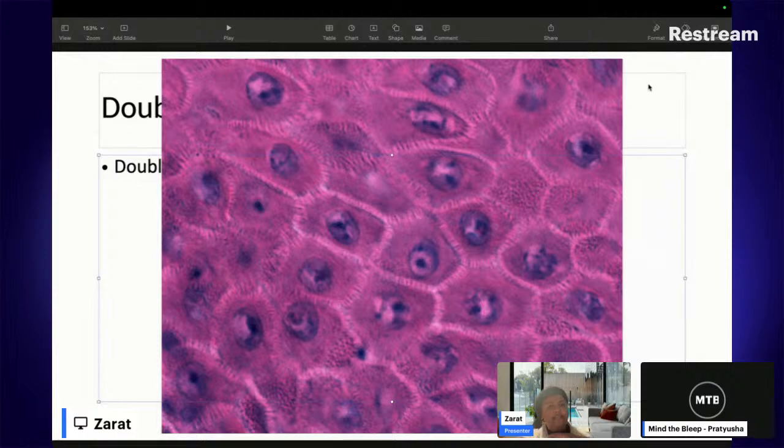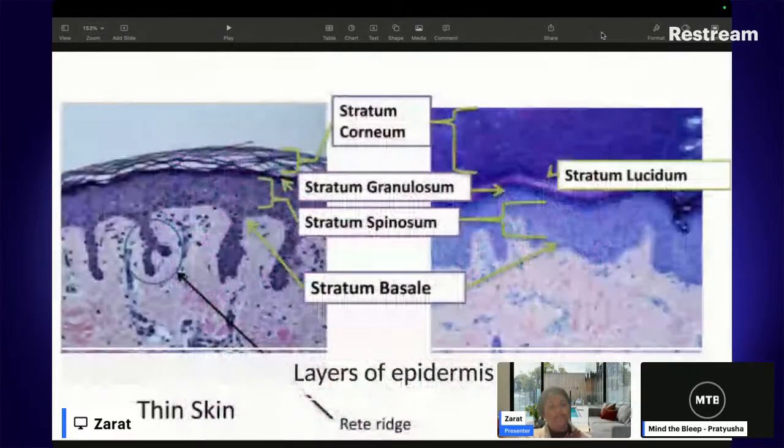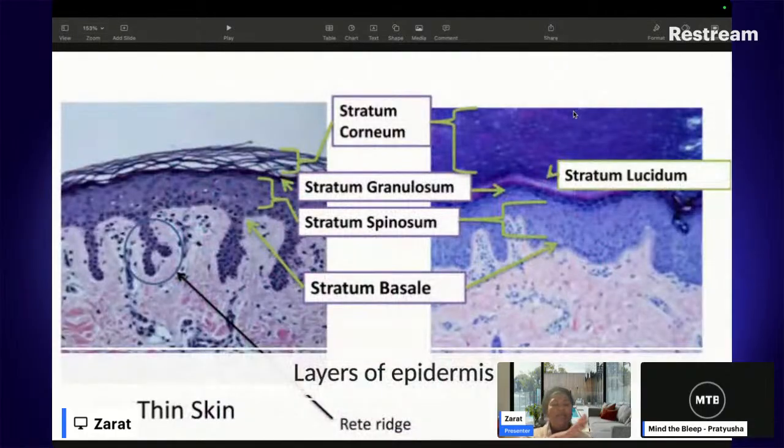Now, it's important to know the layers and what they normally look like, because once we know what normal looks like, then we can appreciate what the abnormal looks like. Depending on which part of your body the skin is, you can have thin skin and thick skin, and thick skin is usually the palms of hands and the soles of your feet.